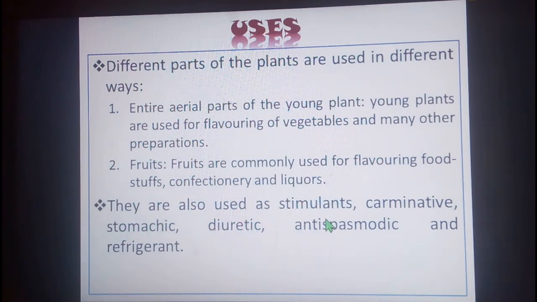They are also used as stimulants, and as carminative to relieve flatulence. Then stomachic, that is to improve the digestive system, and diuretic, that is causing increased passing of urine. Then antispasmodic, used to relieve spasm of the involuntary muscle, and also as refrigerant.